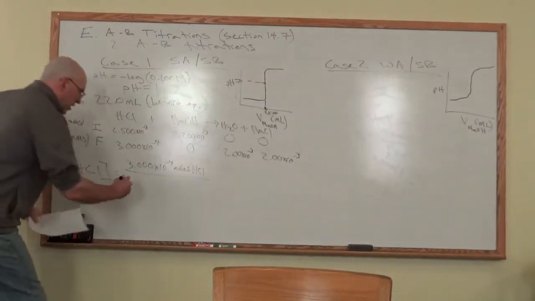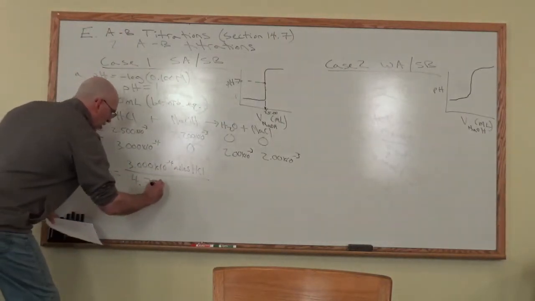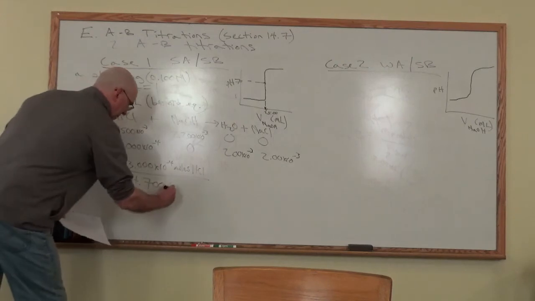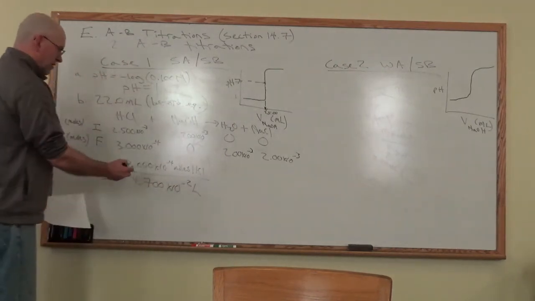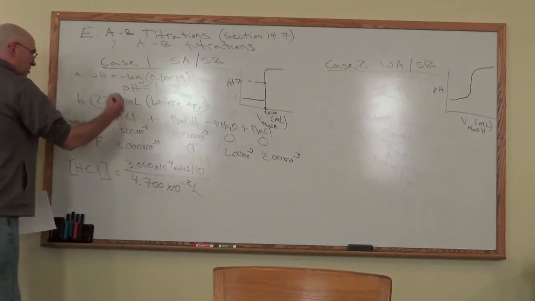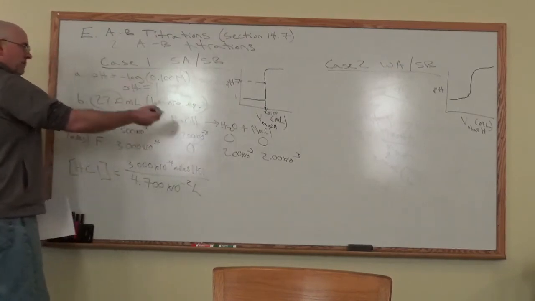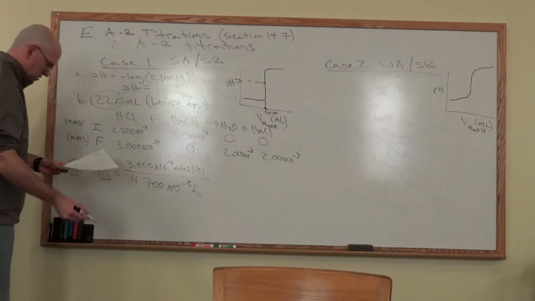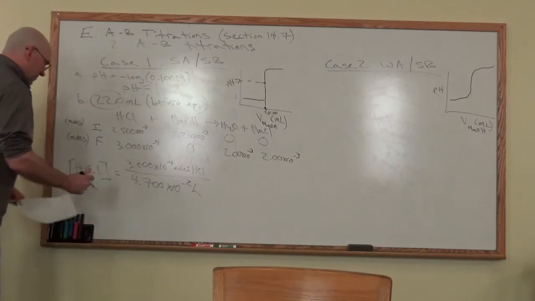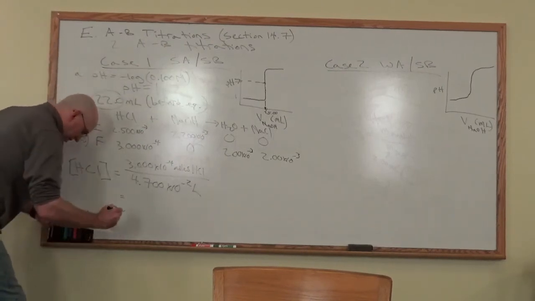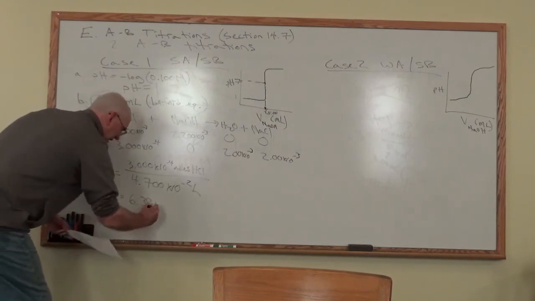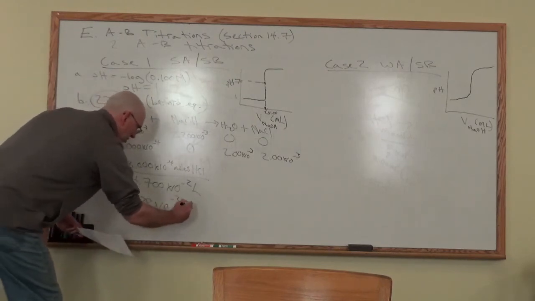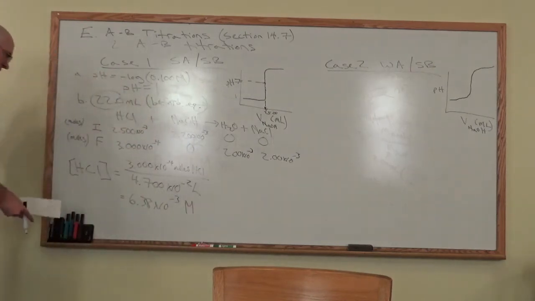So you end up getting 4.700 times 10 to the minus 2 liters. This is really better in the lab because this is 47 mils total, 22 plus, well, 25. And you end up getting a concentration of 6.38 times 10 to the minus 3rd molar HCl.